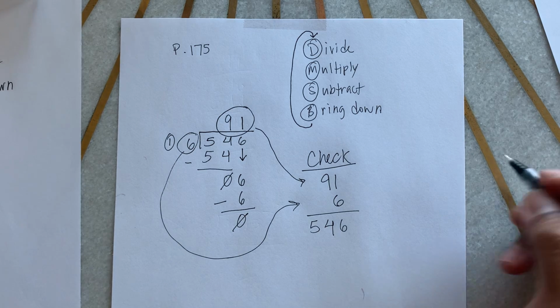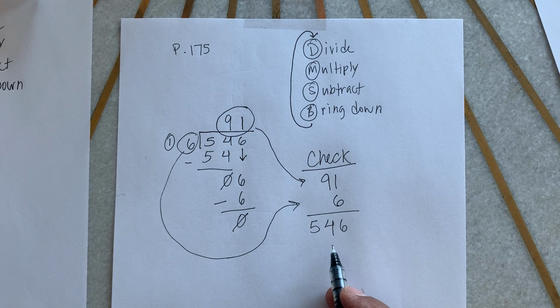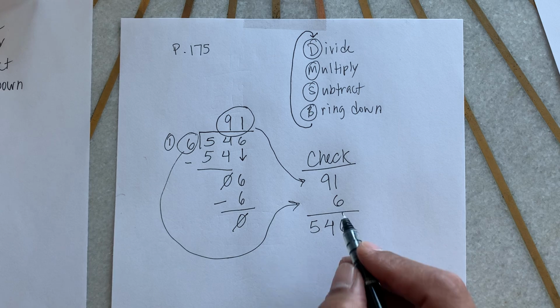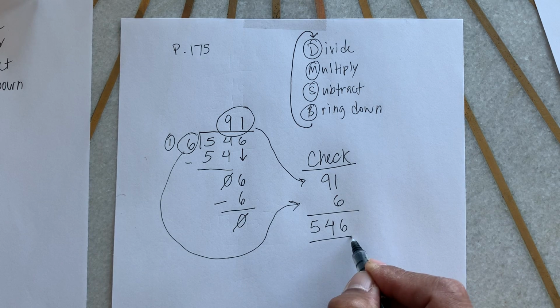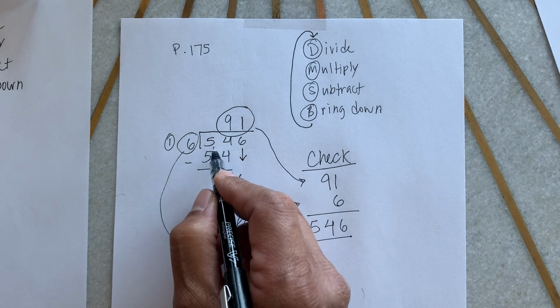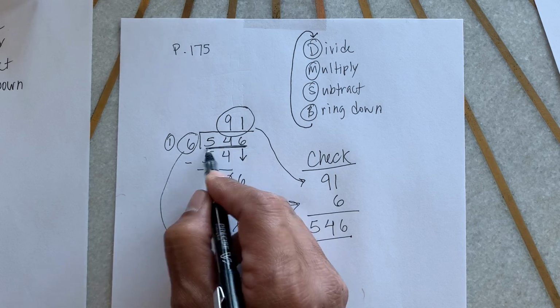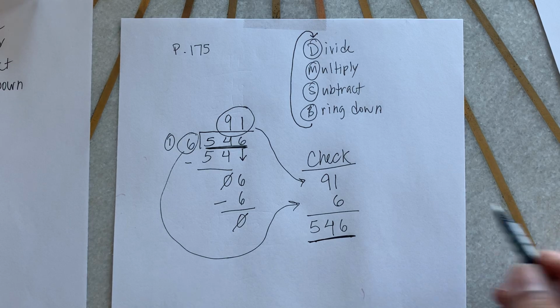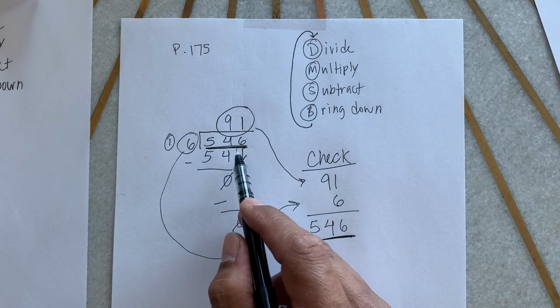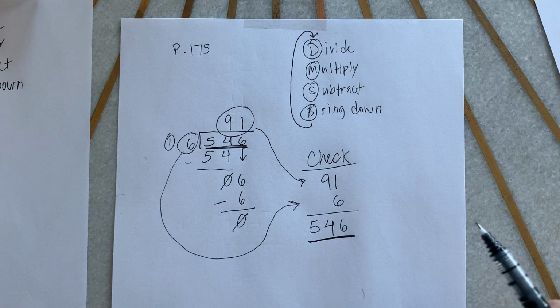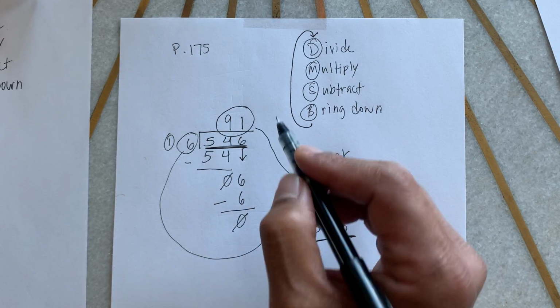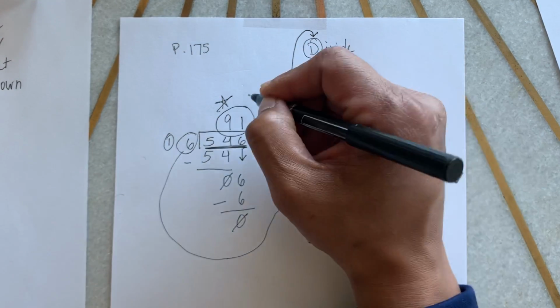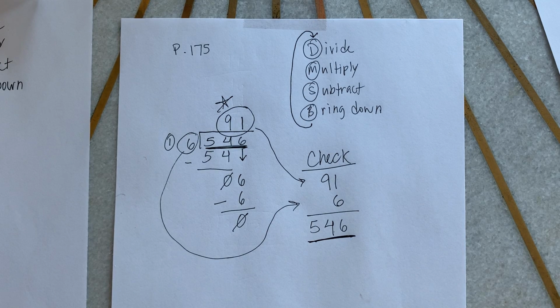You should notice that this number looks familiar. If your answer is the same as this number right here, then you know you are correct. And as you can see, 546. That tells me that 91 is the correct answer. And that's how you do number 1.